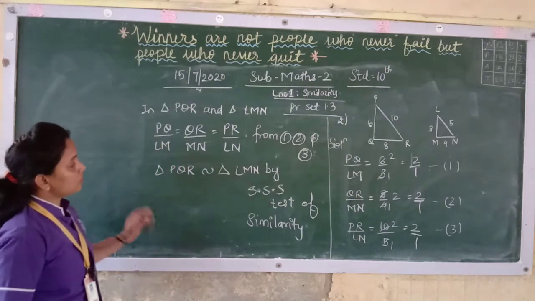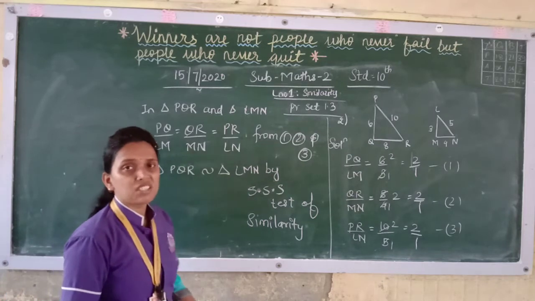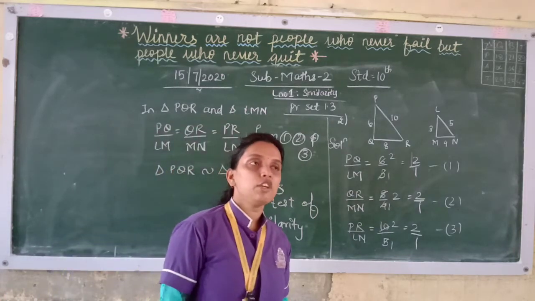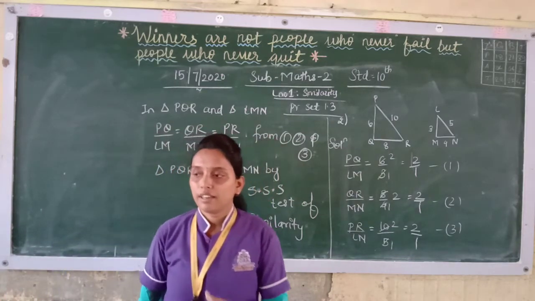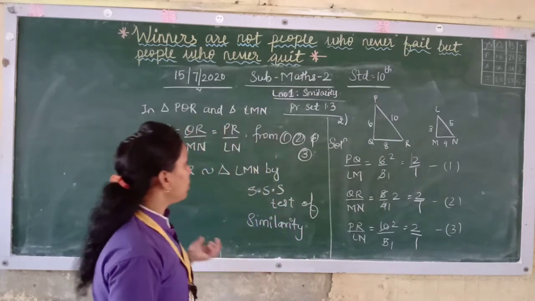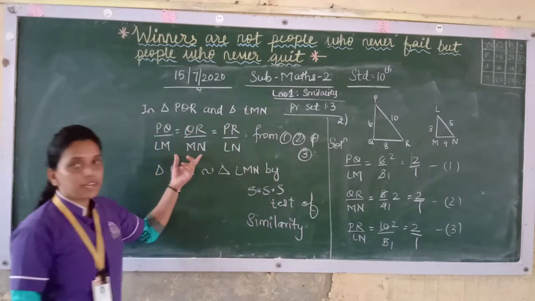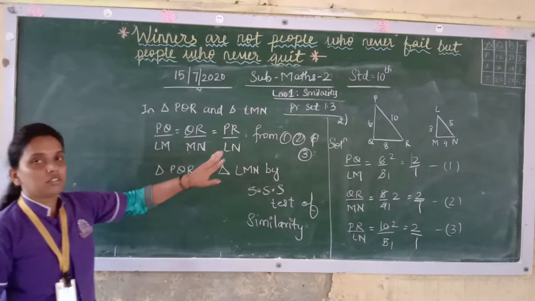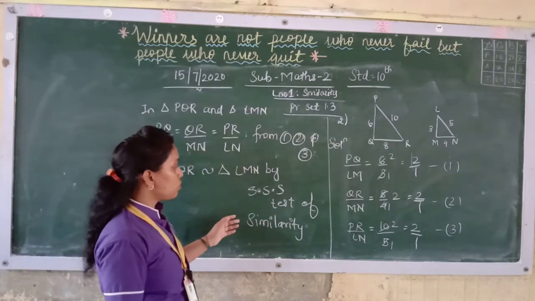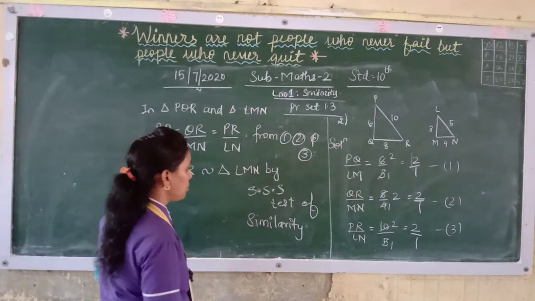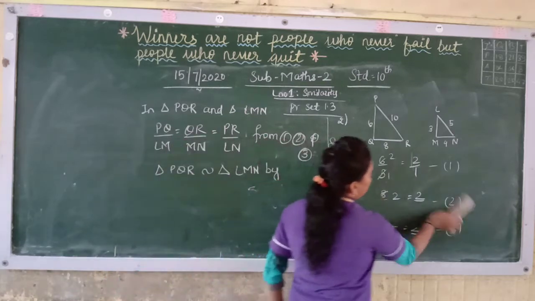From this you must have understood: in the first sum we used the AA test, that is the angle test of similarity. Here we have used that the corresponding sides are in proportion, so we get the SSS test of similarity. Now we'll see the next one.